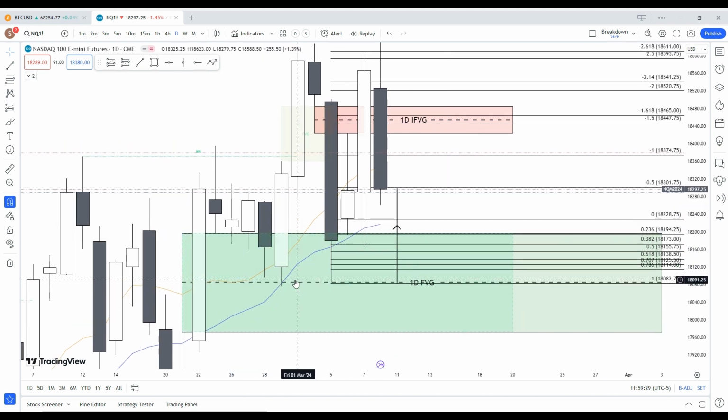This was fantastic here because it was the 20 and the 50%. This is just a golden entry here. Both times that this came into the 50% of here were just huge moves to the upside.